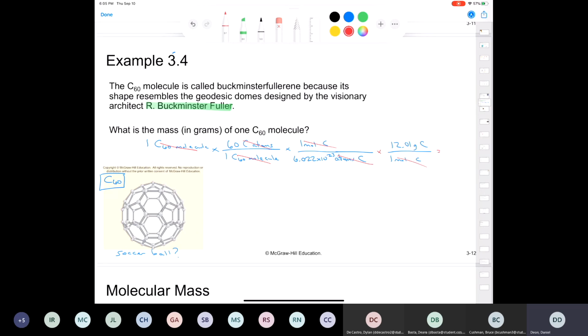I get 1.1966 something. So that rounds to 1.197 times 10 to the negative 21 grams. Does that make sense? Let's back up just for a second, okay?